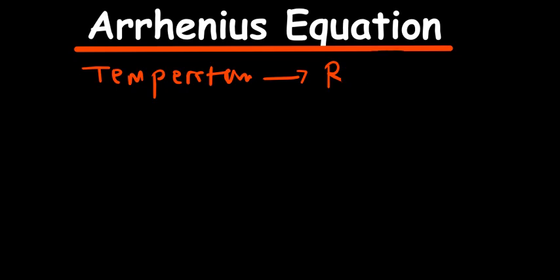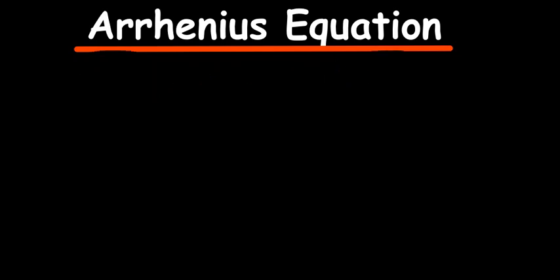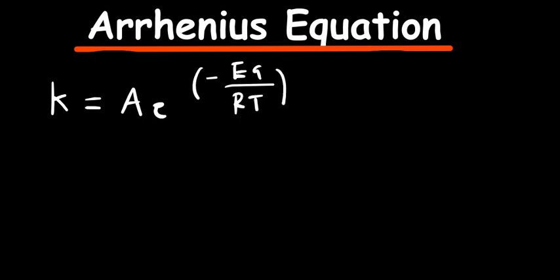How does temperature affect that? So we use the formula. K is equal to, this is the Arrhenius equation, A e to the power negative Ea, or activation energy, over RT.